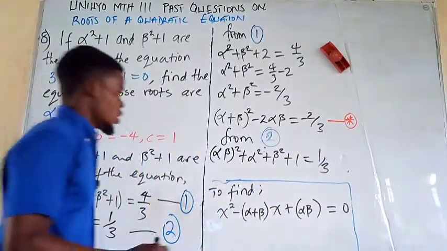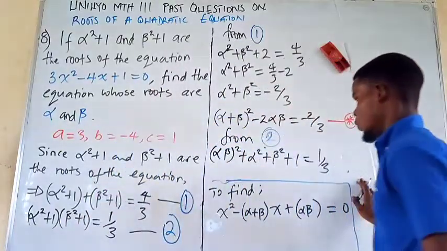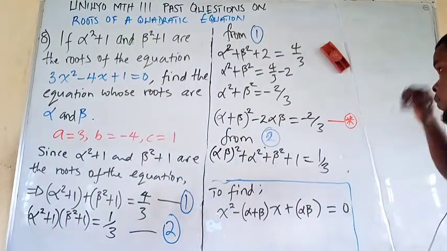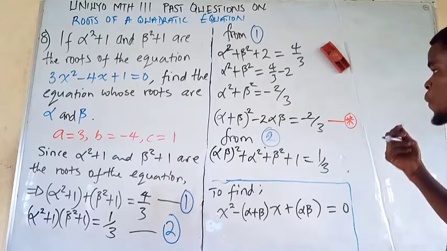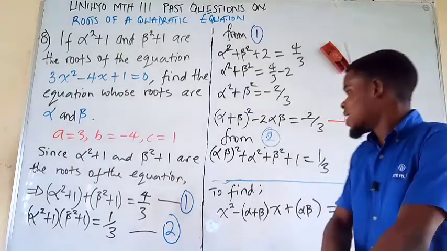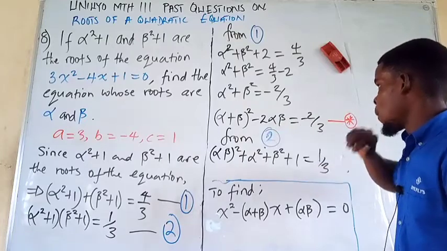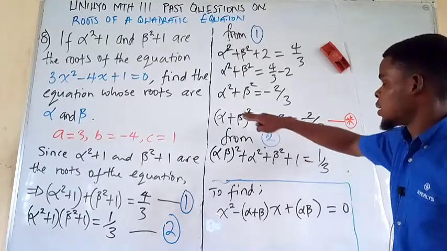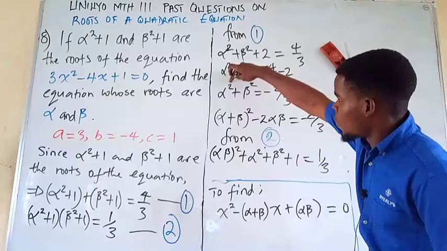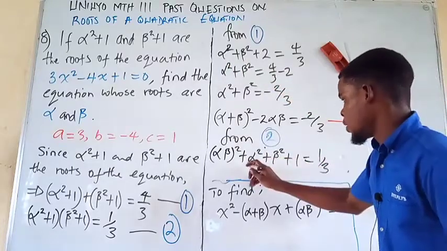Okay, now, very nice. Maybe I didn't even need to do something here. Very nice. We see that alpha squared plus beta squared is here, right? This is it.